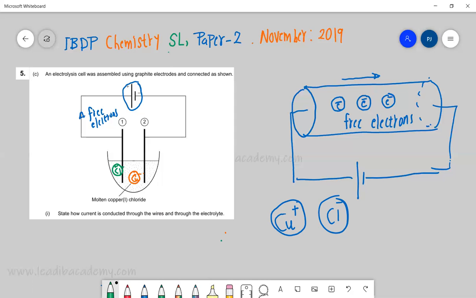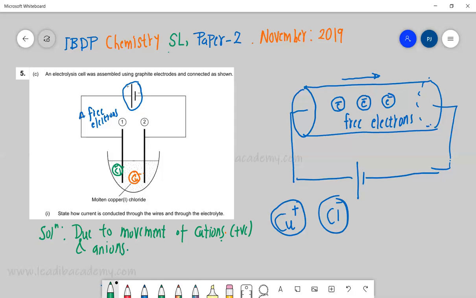So through the solution, it is due to movement of cations, that means positive charge, and anions.